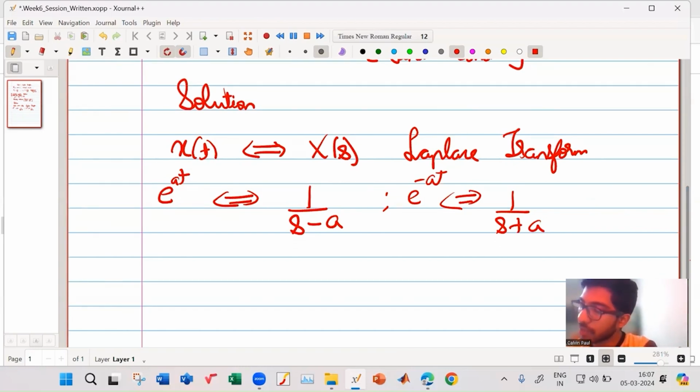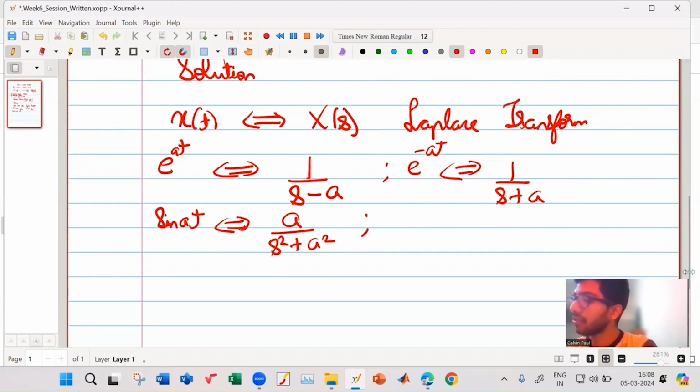Then one more aspect: consider we have sin at. What is the Laplace transform of sin at? It is a by s square plus a square. Yes, these are important ones.